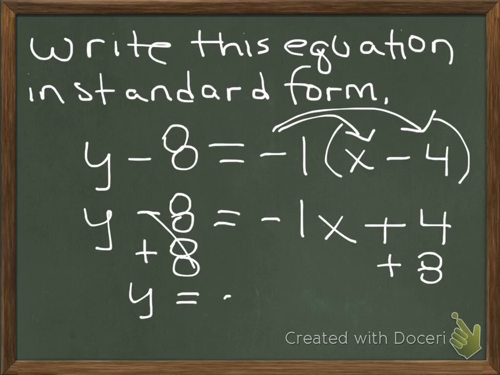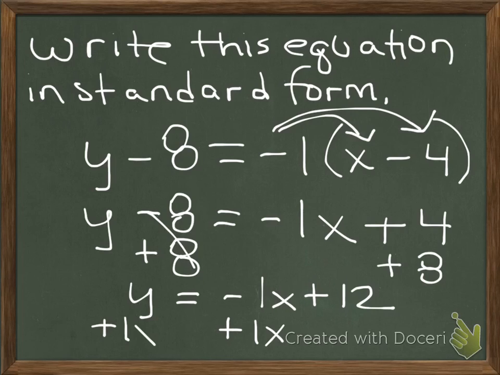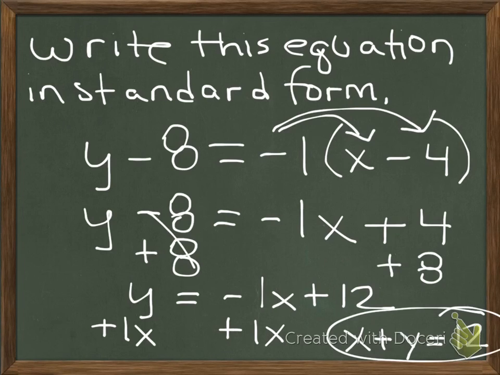And remember, that gets us to slope-intercept form, but they want it to be standard form, so I just need to move the x value to be with the y. So you have x plus y equals 12. And that would be my final answer. And that concludes lesson 4.3.